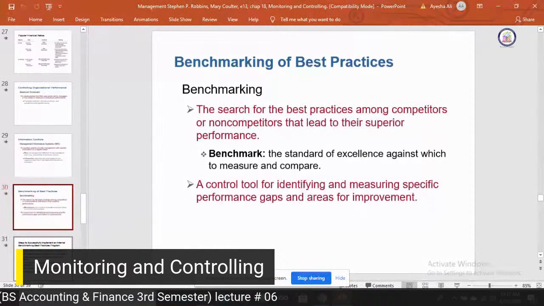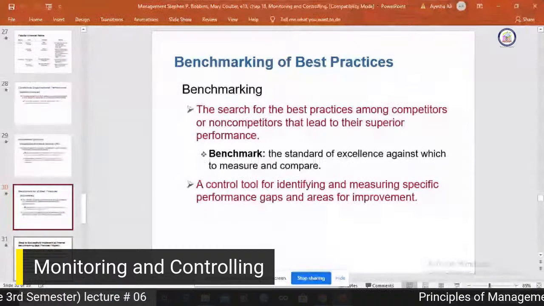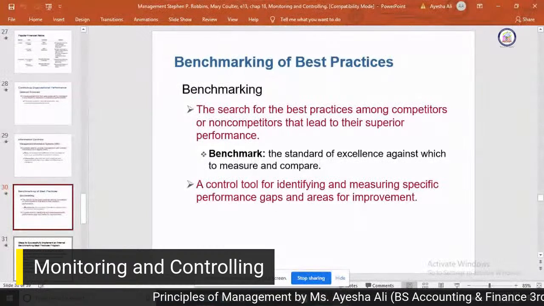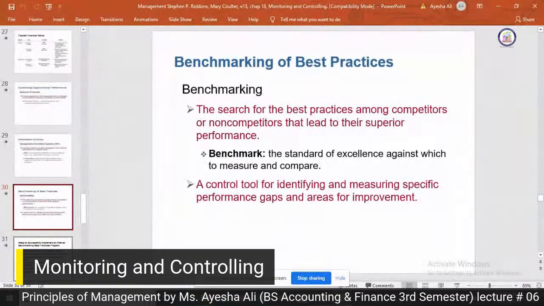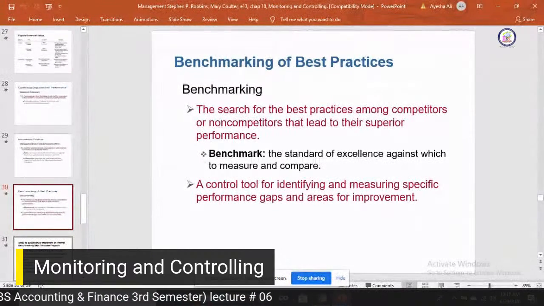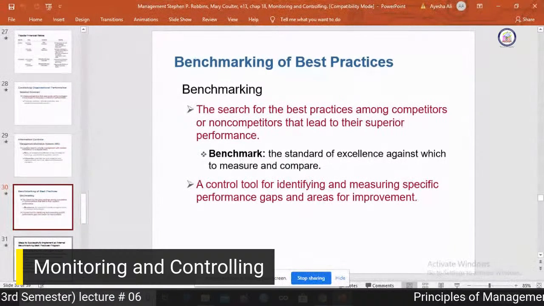And after adopting it, we can achieve or lead to superior performance. Benchmark is the standard of excellence against which to measure and compare.